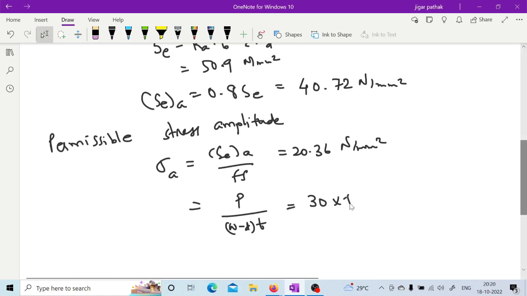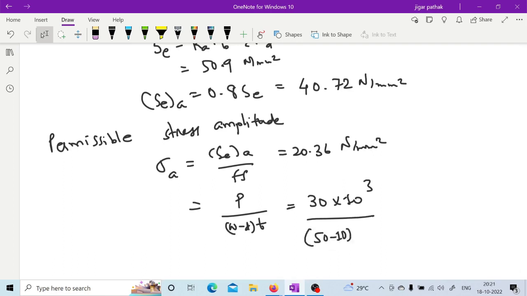So 30 into 10 raised to 3 upon (50 minus 10) into t will be equal to 20.36 Newton per mm square. 36.84, yes, correct. So t is 36.84 mm.